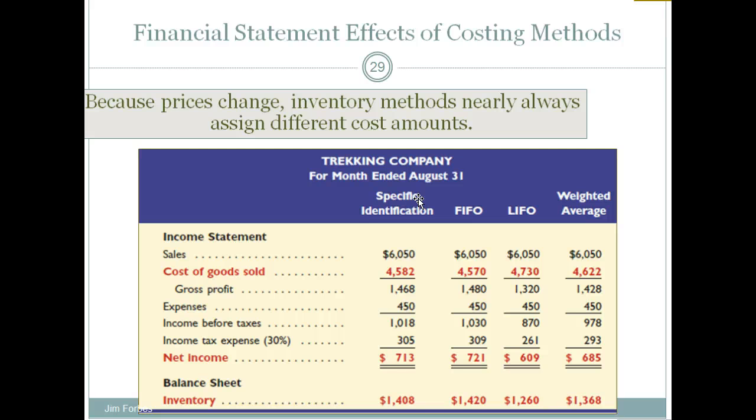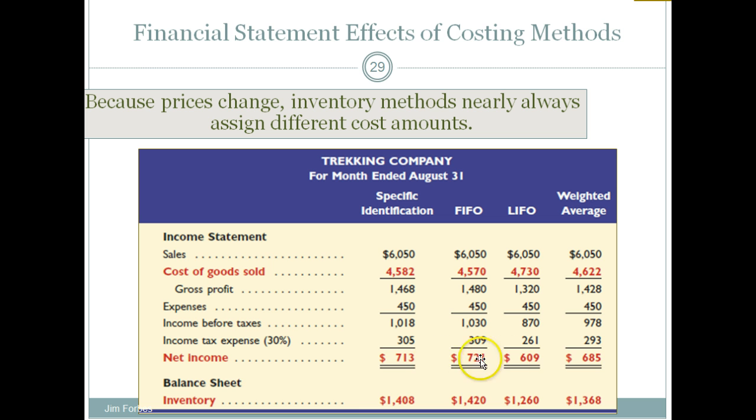Financial statements and the effects of the costing method. Because prices change, your inventory methods nearly always assign different cost amounts, both to your cost of goods sold and your ending inventory. And here they give you an example. They show you the specific identification, FIFO, LIFO, weighted average, and it comes up with different numbers for your cost of goods sold.